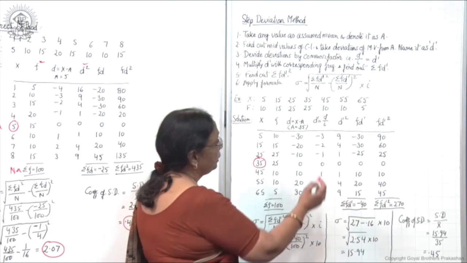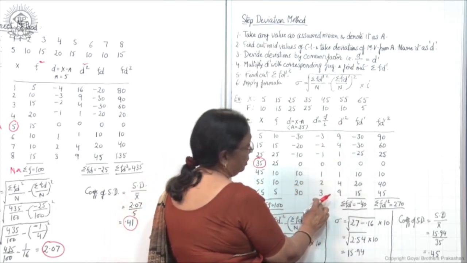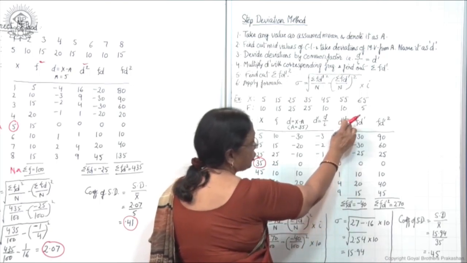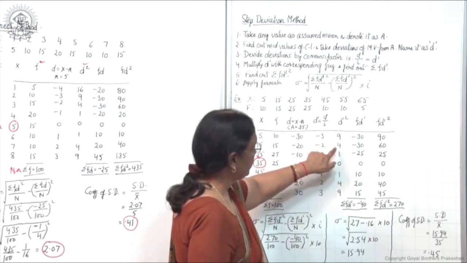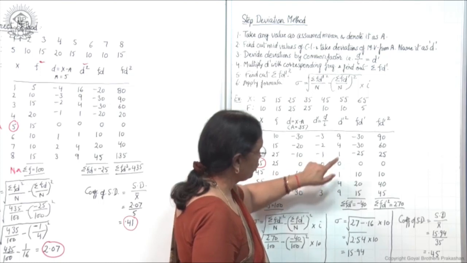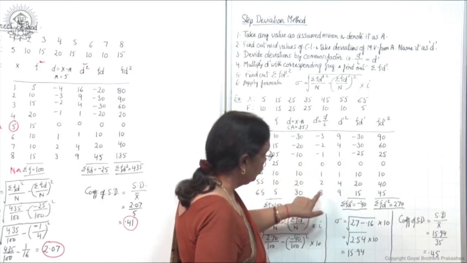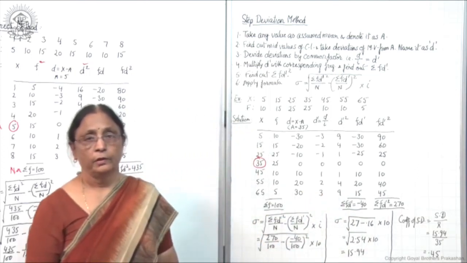Then D dash square, make the square of this column. Minus 3 into minus 3 is 9, minus 2 into minus 2 is 4, minus 1 into minus 1 is 1, 0, 1 into 1 is 1, 2 into 2 is 4, 3 into 3 is 9. Clear?